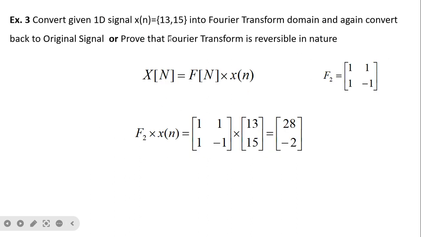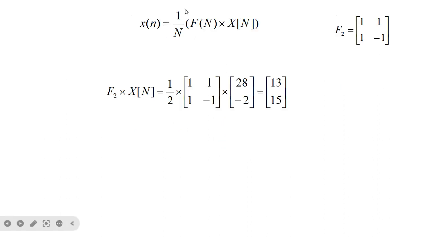If we want to do it for a signal having a length of 2, then in this case the Fourier transform, Walsh transform and Walsh-Hadamard transform are the same. In this way we can apply it, and in the reverse we just need to use this factor, 1 by 2 into f of n and x of n. We will again get the original signal back. These problems are solved similarly for Walsh and Walsh-Hadamard transform.